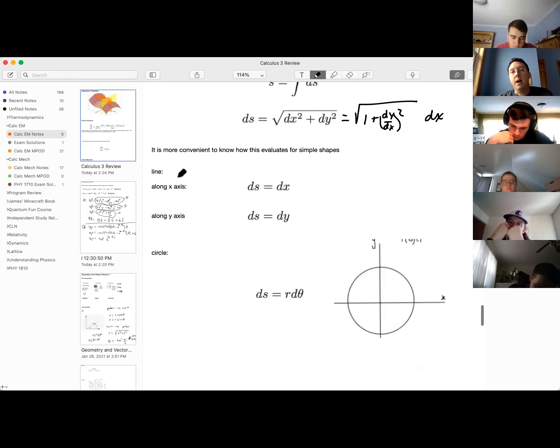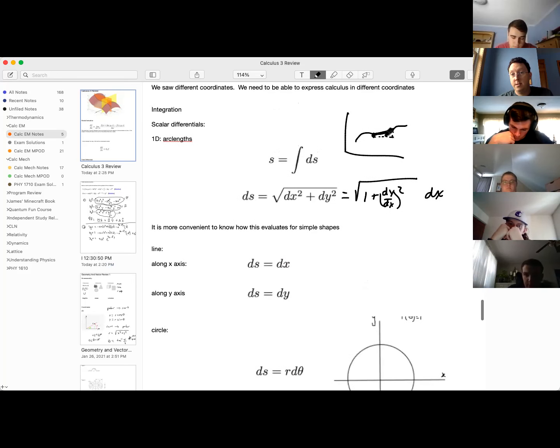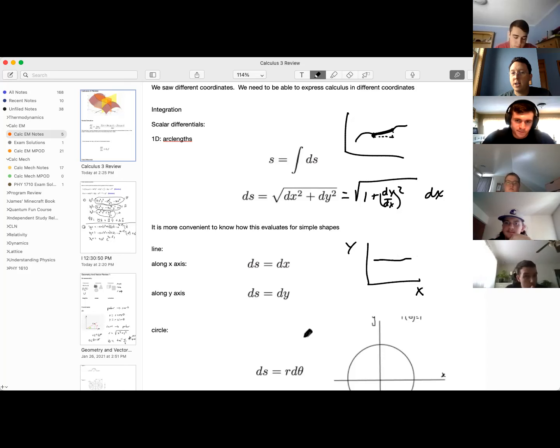All right. Now, if the path is parallel to the x-axis, so like a wire running parallel to the x-axis. Here's y, and here's x, and here's a wire running parallel to the x-axis. How much is y changing in that case?